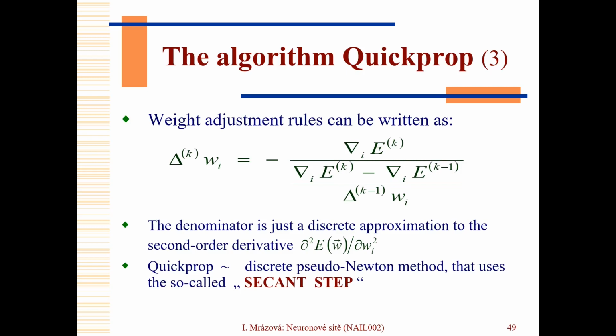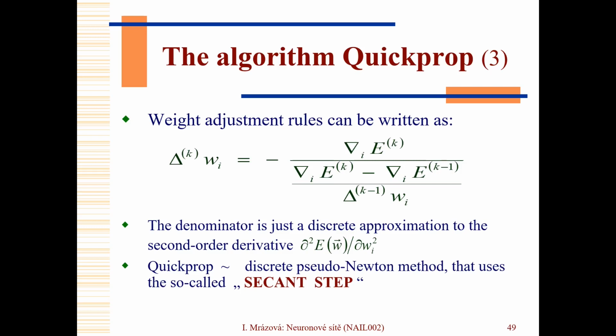For the denominator in the expression, we get the difference of the gradient in dimension i of E at iteration k minus the gradient in dimension i of the error function E at iteration k minus 1, and for the difference in the weights we get the term Δ_(k-1) W_i.